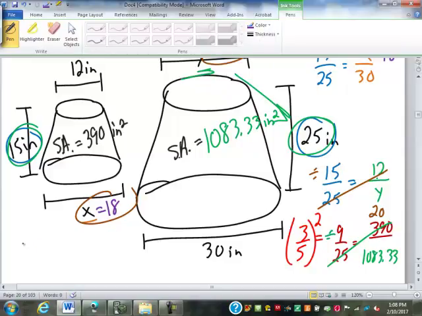If I tell you that the volume of this one is 2,430 cubic inches, what's the volume of this one?